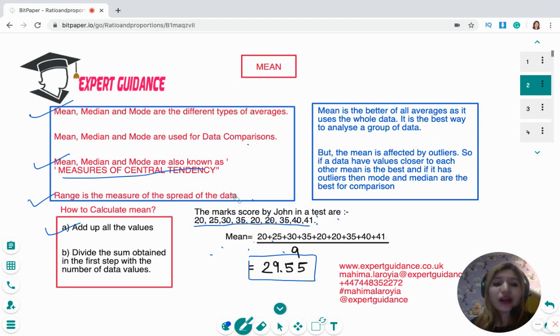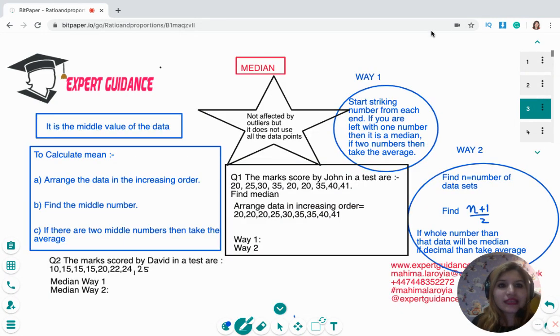If you have any outliers, then your mean value will not be close to your other values. So if you need to use the mean, the best way is to remove the outliers and then calculate the mean. And if you have many outliers, then mode and median are the best for comparison. Okay, so I hope the mean is clear to you.